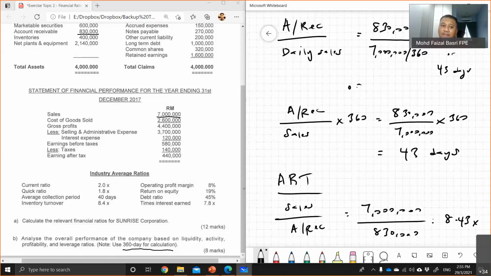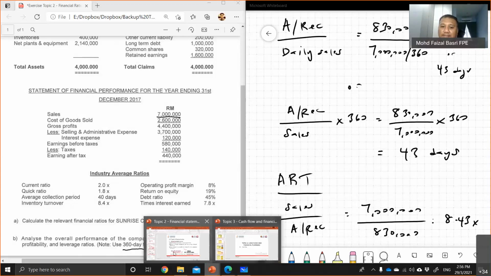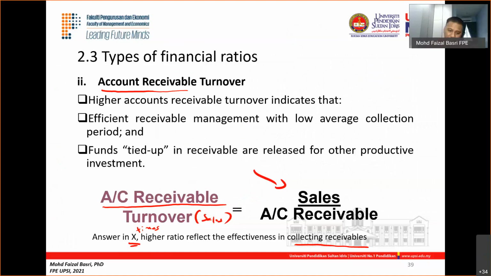So meaning this company's ART, account receivable turnover, will be lower compared to the industry average, but we don't have to compare because we don't have a point of reference. So that's how we calculate account receivable turnover. And this is how you comment. The higher the ratio, the better the effectiveness of collecting debts or collecting receivables. All right, so that's the second one under activity ratios.